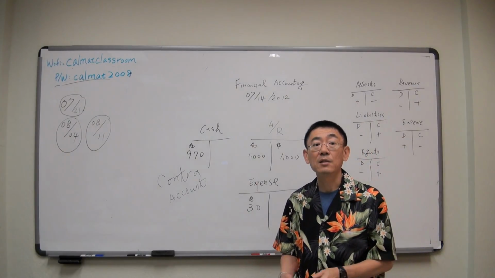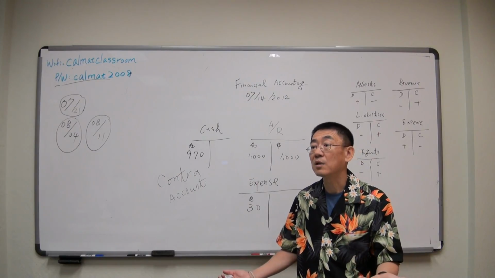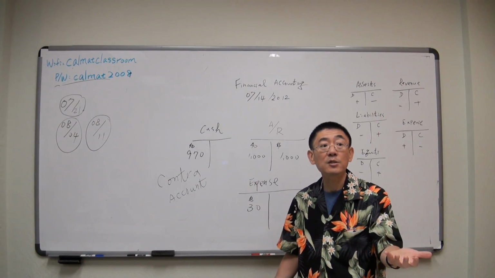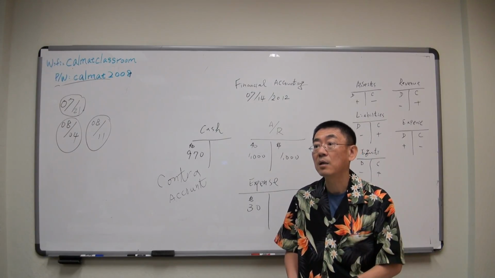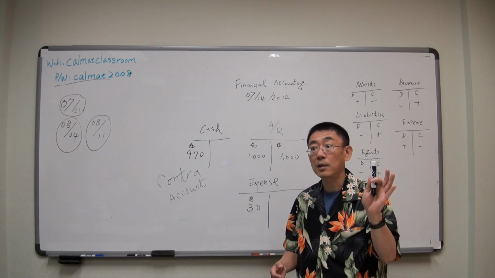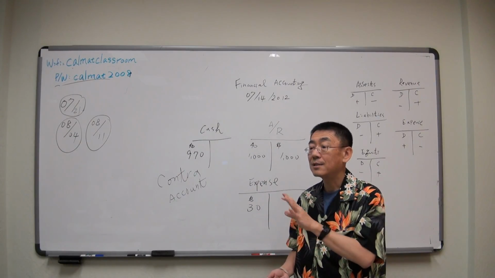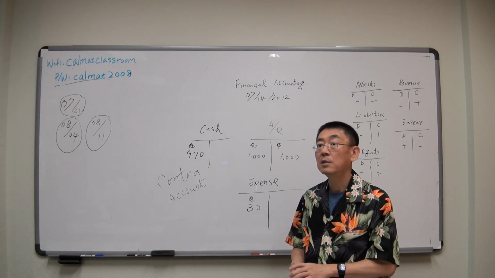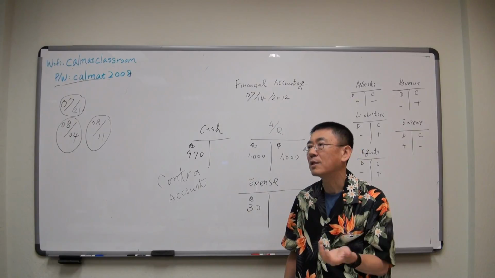Even the same item could be sold as 1,000 or sold as 970. That is your choice. There's no law requiring you to sell at a certain amount. So the other way is you treat this $30 as not really the expense. It's more like when your company made the sale, it only sold at 970.